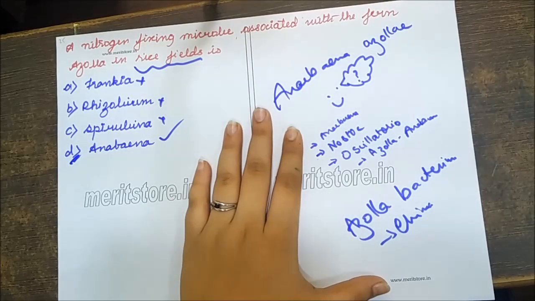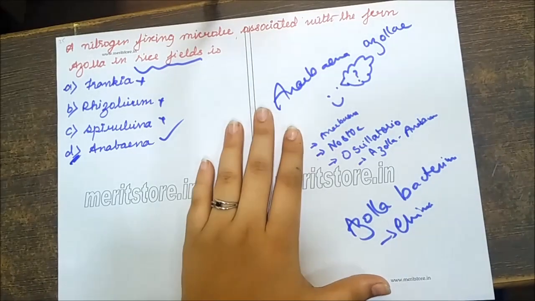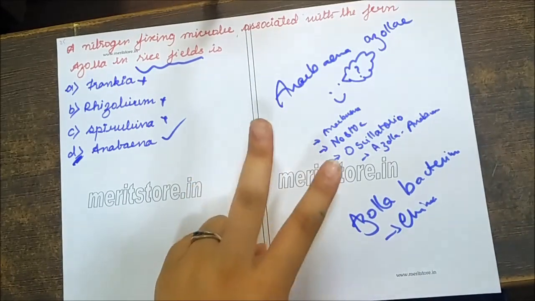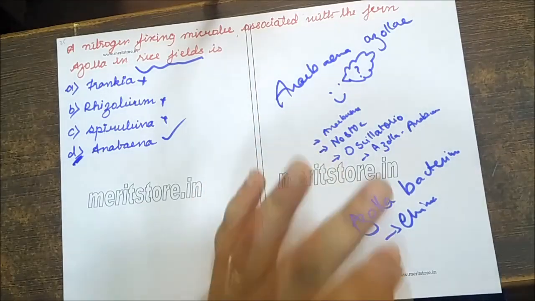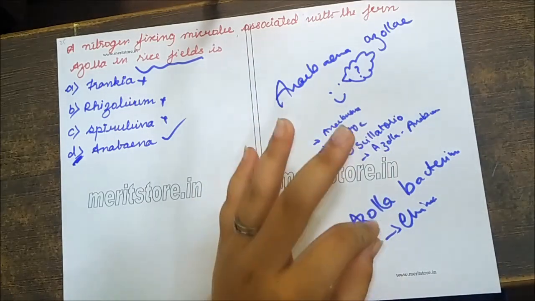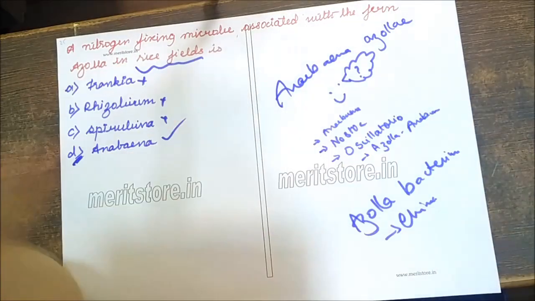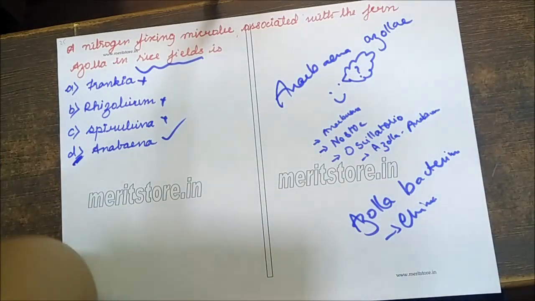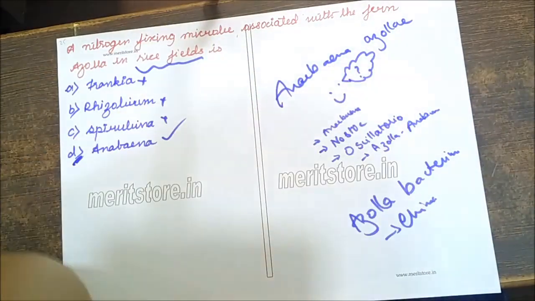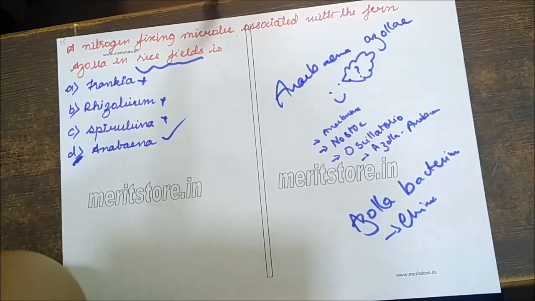Azolla pinnata is a free floating rice field fern and fixes nitrogen in paddy fields for rice plants, and it does not interfere with their growth. In some Southeast Asian countries, especially China, the rice fields are regularly provided with Azolla.